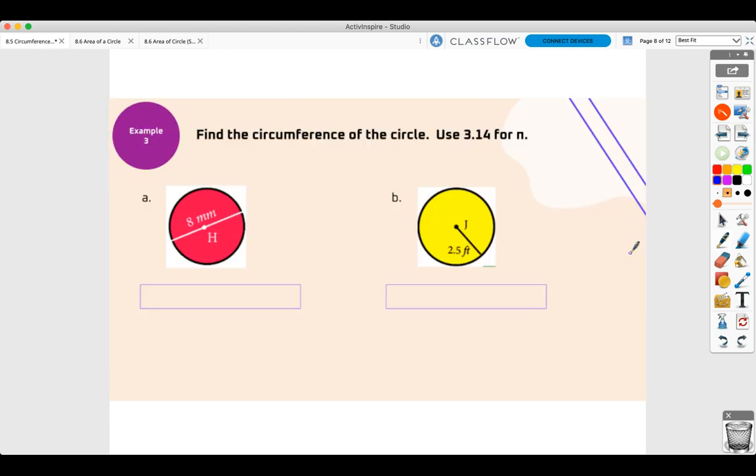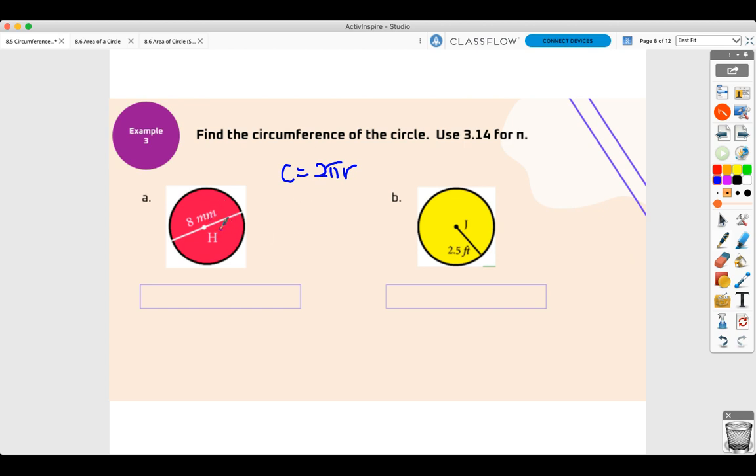To find the circumference of the circle, use 3.14 for pi. So I'm telling you to use 3.14. I know there's a pi button on calculators, but when it tells you to use 3.14, it's kind of the rule of thumb to use it, okay? So you have circumference is equal to 2 pi r. This is the one that you're going to remember the most, so why not use it?